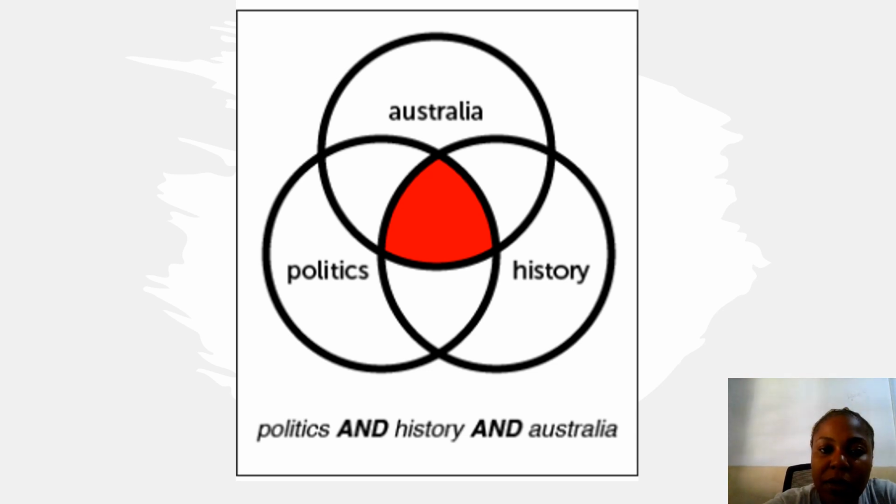So for example, maybe there's someone who did a study of Australian politics and history. When searching on Google Scholar, they'll usually type Australia AND politics AND history. You see in this image, this is how you type it on Google, and then all the papers that talk about politics, history, and Australia will come out.